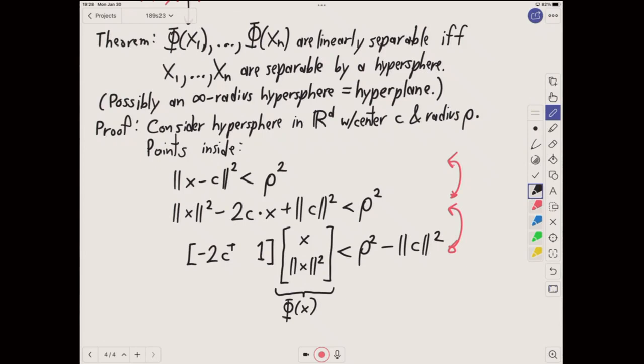And so the way we can interpret this, this constraint is one of the constraints we can feed into the support vector machine, for instance. And so when you come up with a solution, this vector on the left is going to be the normal vector in the lifted space, that is R^(d+1) in this case.